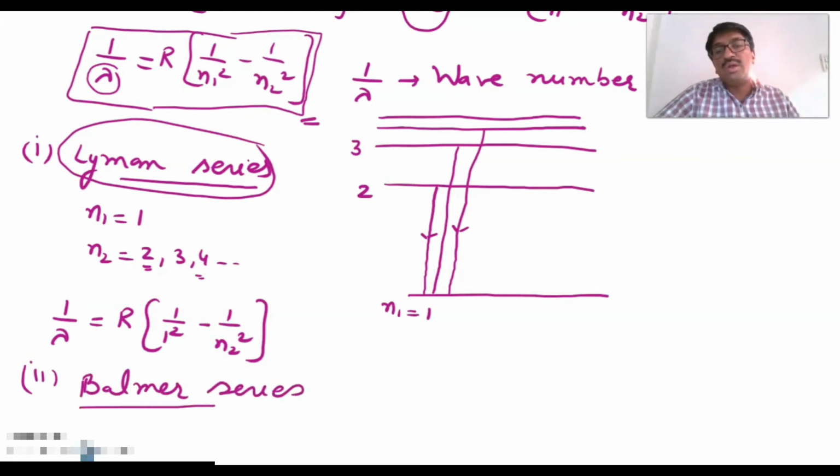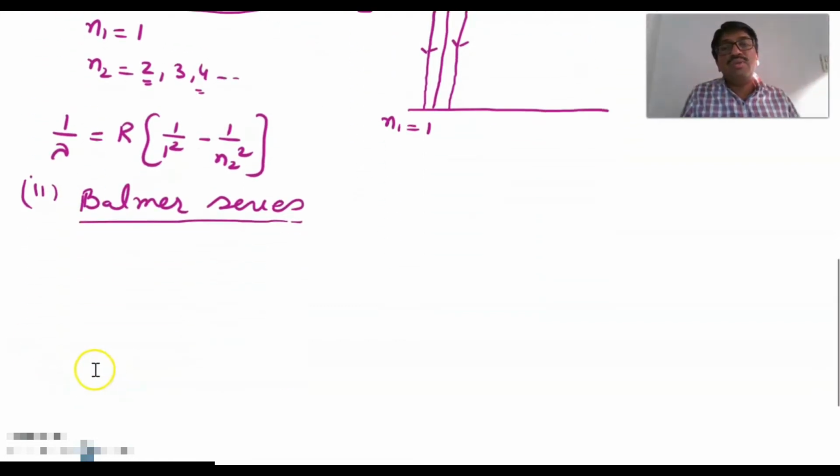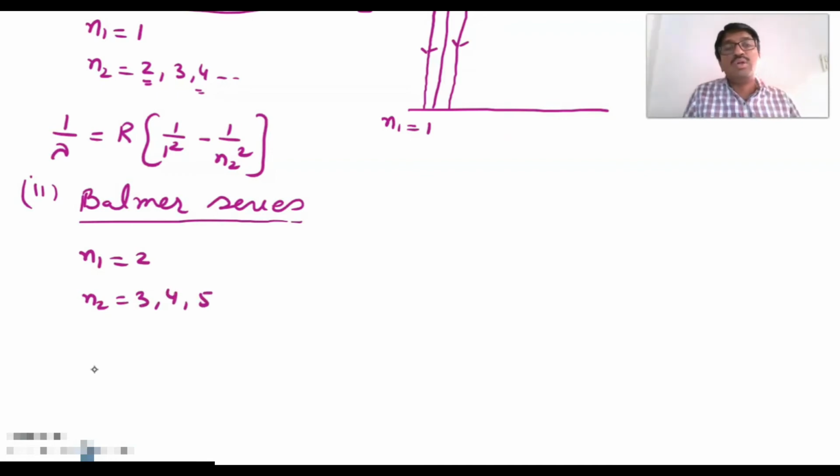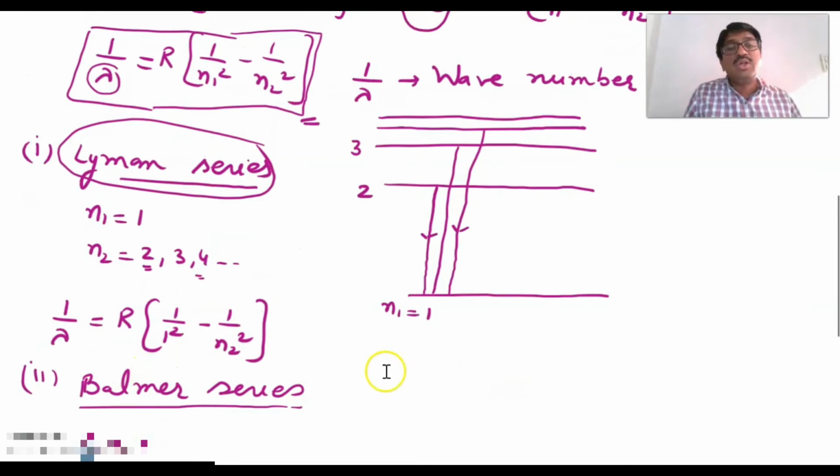If we discuss about the Balmer series, in which N1 becomes 2 and N2 becomes greater than 2, means 3, 4, 5, we can draw the Balmer series in this diagram, and this is 2. Atom can transit from 3 to 2.